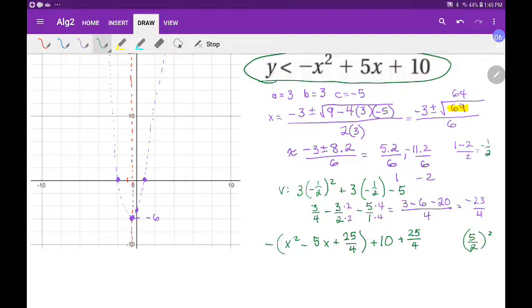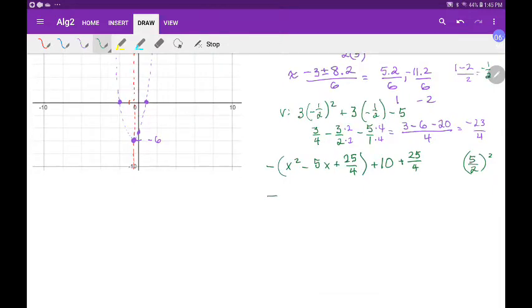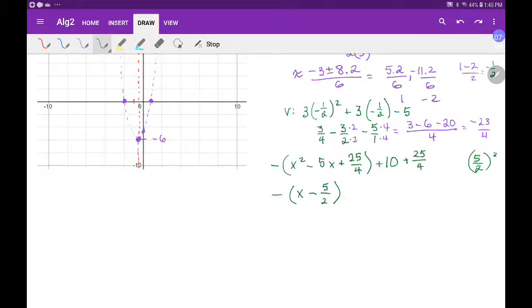Okay? So now I can write this as a perfect square. I can say x minus 5 over 2. You remember 5 over 2, right? It was over there, 5 over 2. And we'll say we're going to have this equal to 0.